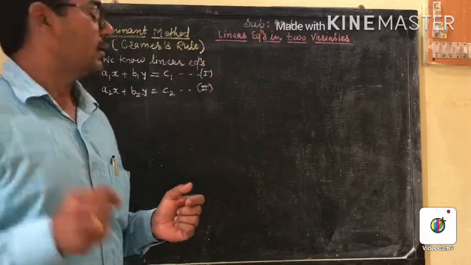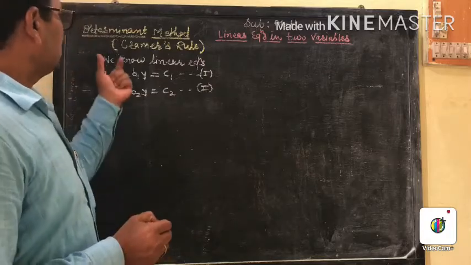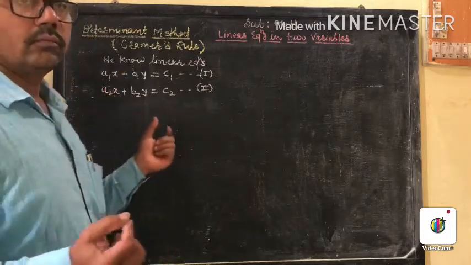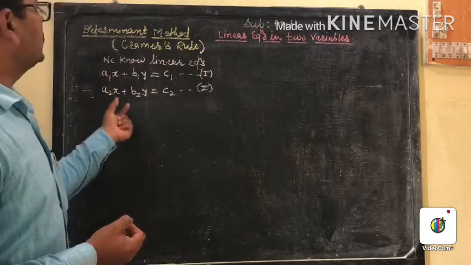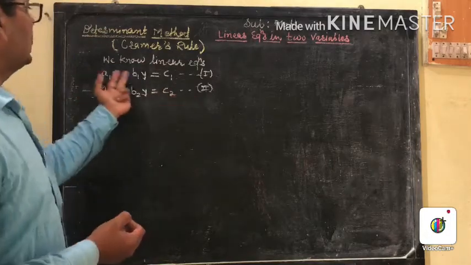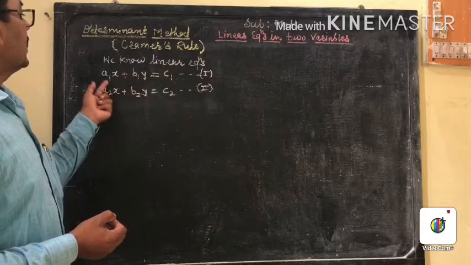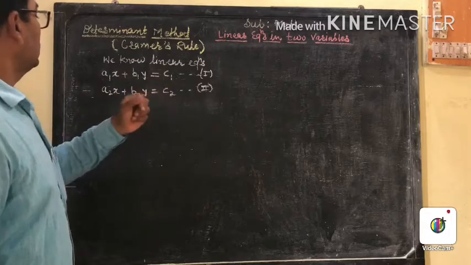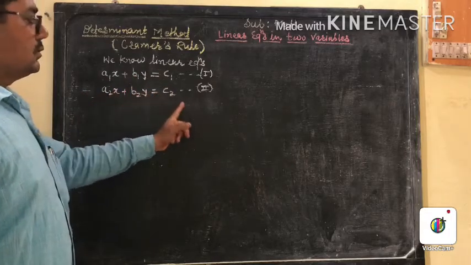Cramer searched this method for the elimination of these linear equations. These are the two linear equations here: a1x plus b1y is equal to c1 and a2x plus b2y is equal to c2.